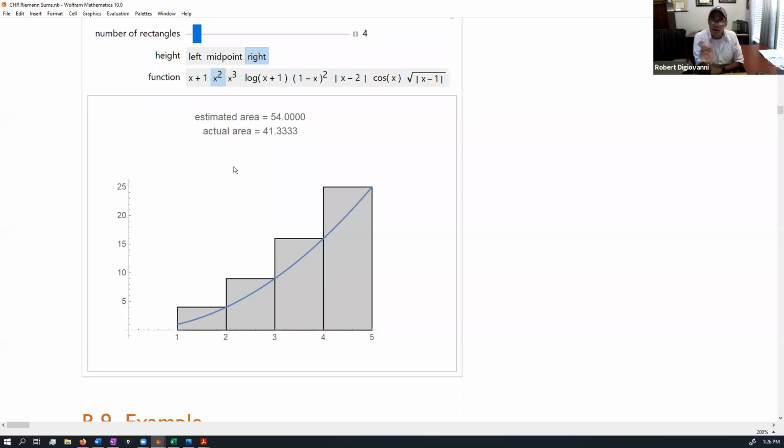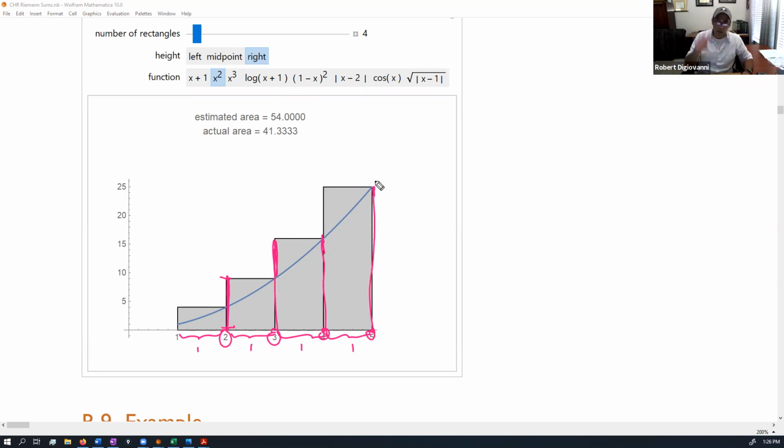We figured out how wide each one is, and then we had to figure out the height. I'm going to draw it again. We knew that each one of these was 1. And for the height, we picked this point, plugged it in, and got that height. We picked this point, plugged it in, and got that height. Picked this point, plugged in, got that height. Picked this point, plugged in, got that height.